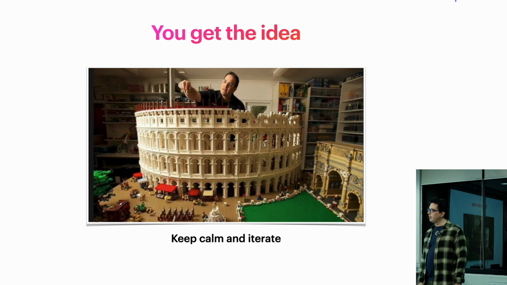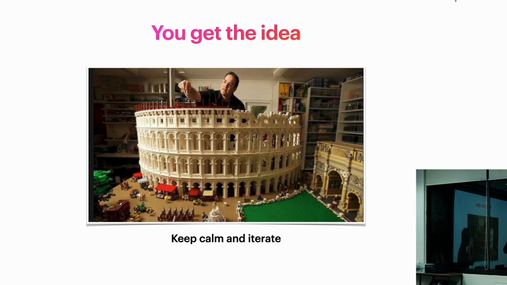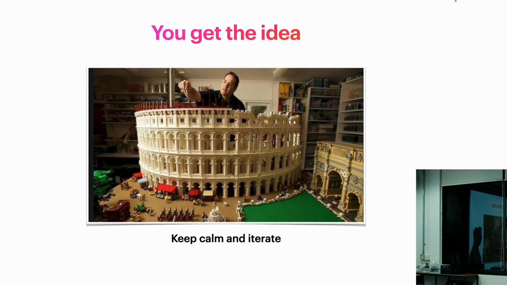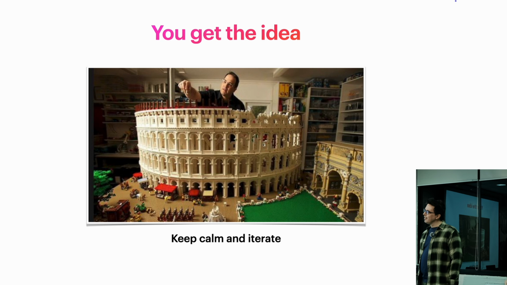But you get the idea. So you add pieces of Lego together, you keep calm and iterate, and you build your own empire. You can bring peace, justice, and freedom to your new empire, like this guy.